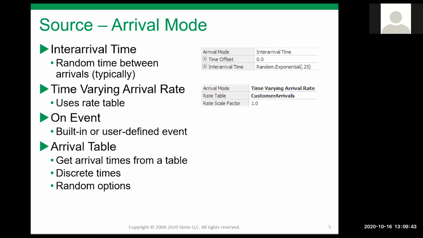In many cases, particularly customer service applications, your inter-arrivals don't come in consistently throughout the day. So if we think of something like a coffee shop or a call center, you might have entities coming in at, let's say, 5 minutes apart in the early morning, and then maybe 20 minutes apart in mid-morning, and then 7.5 minutes apart during the lunch break, etc. And so this uses a special construct called a rate table, which is tabular information that specifies how my rate varies over the course of the period.